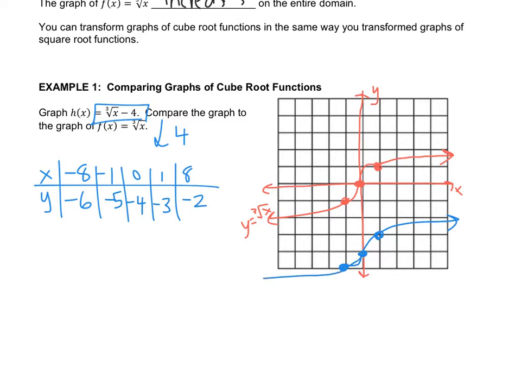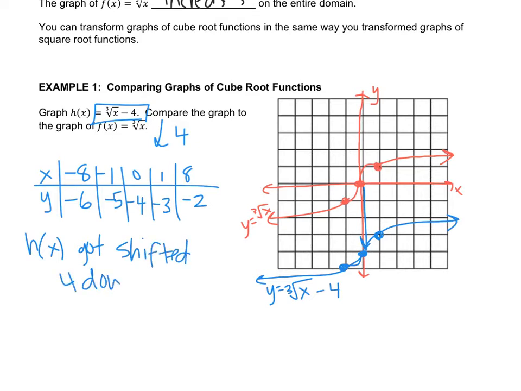So don't make it a line. And you can see from the graph, it just shifted down 4. So h of x got shifted 4 down from f of x.